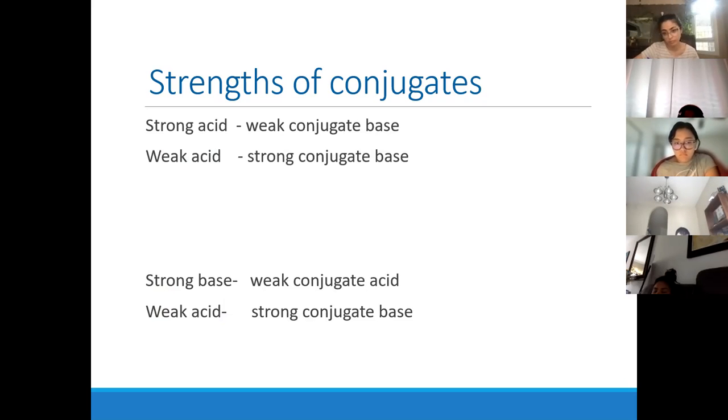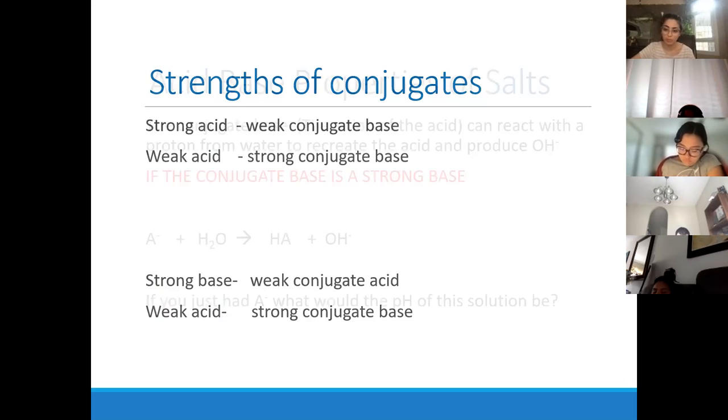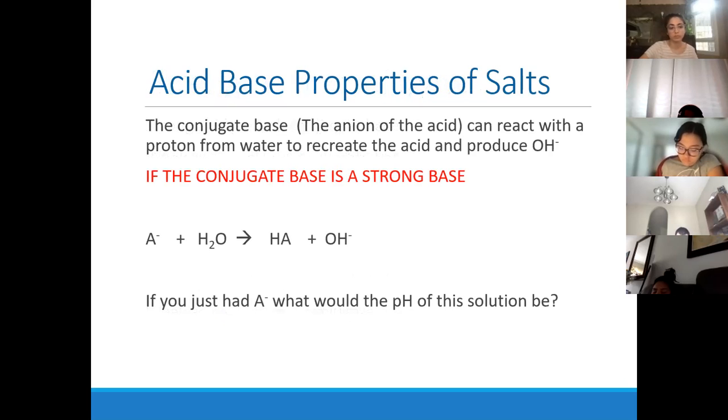A strong base will create a weak conjugate acid. If it's strong on one side, it's going to be weak on the other. Again, the acid is linked to its conjugate base.